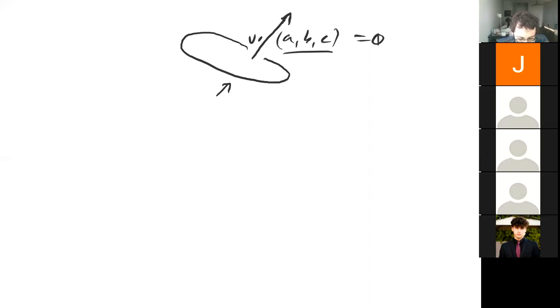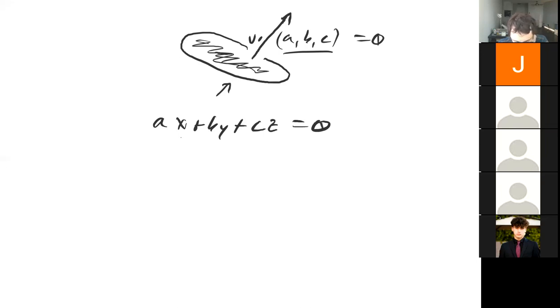And how we can write this set here, that's the solution set v dot (a, b, c) equals 0, is ax plus by plus cz is equal to 0. Okay, so all x, y, and z. And basically you can connect this to linear algebra in that you have some sort of equation that is giving you a 0 set, and the number of these equations reduce the dimension by 1 each time, right?